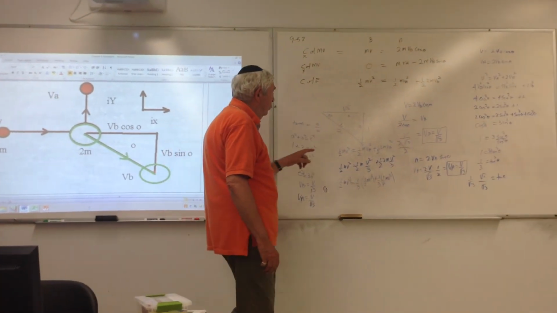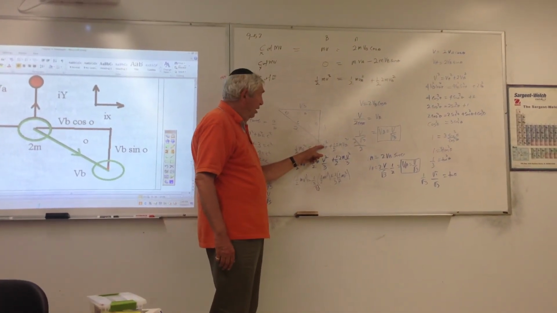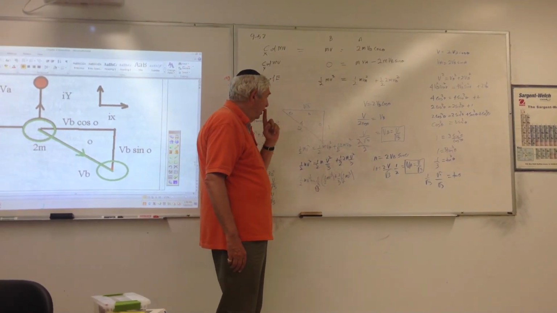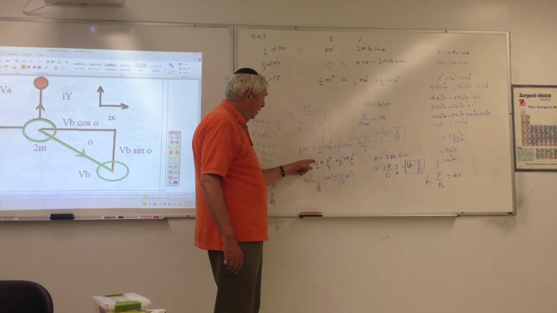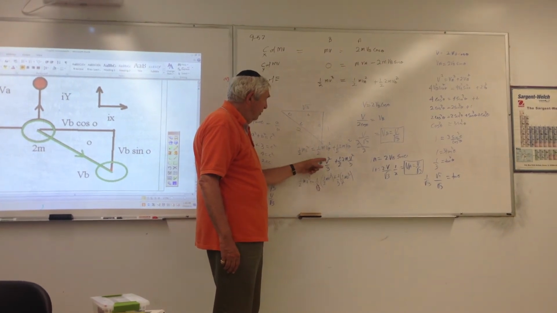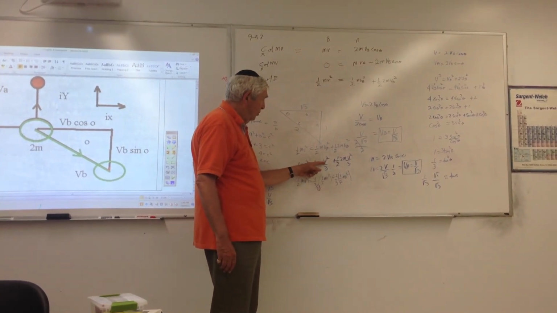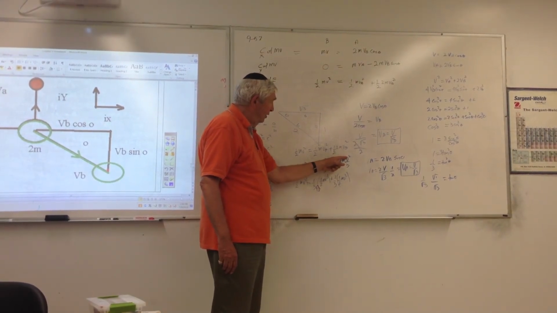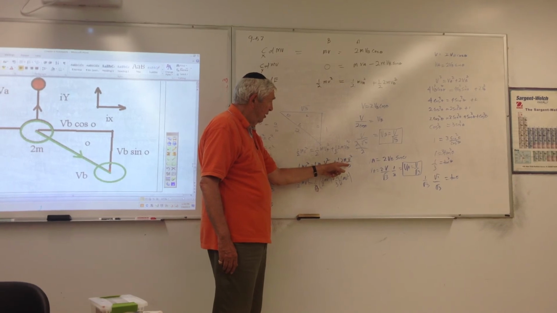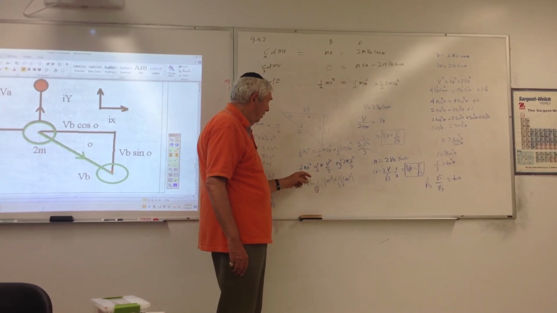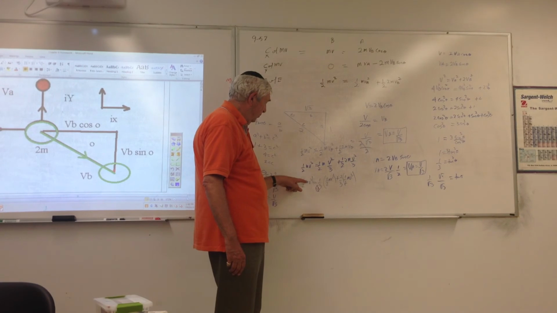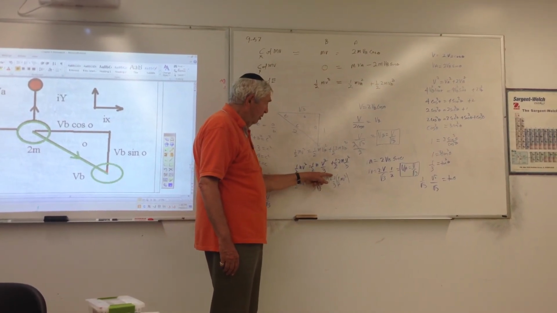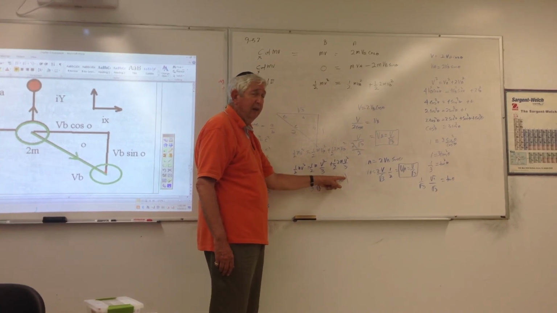And that's going to be 1/2 mva squared plus 1/2 2m vb squared. So va is v over the square root of 3, squared is v squared over 3. And for 1/2 2m, vb is v over the square root of 3, squared is v squared over 3. When you factor out the 3's, you have 1/2 mv squared equals 1/3 of 1/2 mv squared plus 2/3 of 1/2 mv squared.